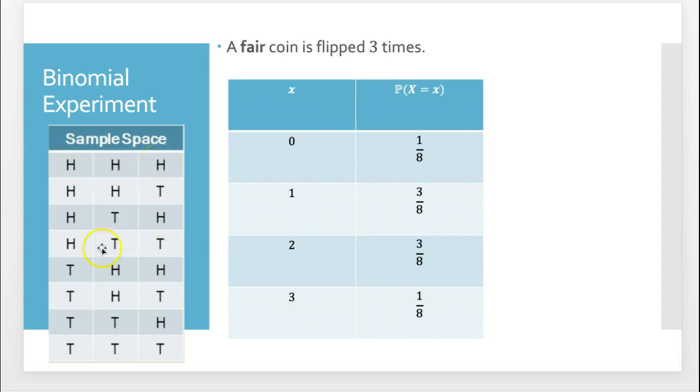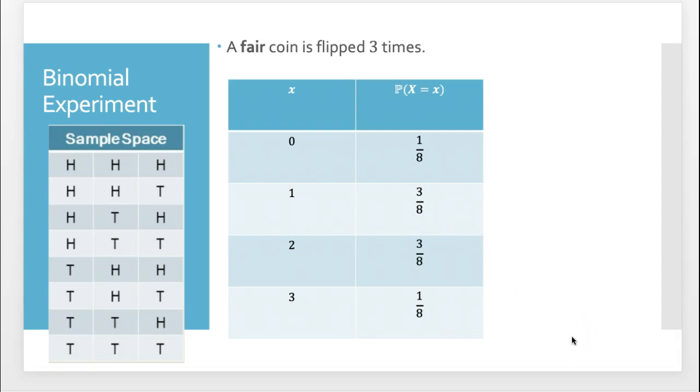And that's what we get here, because this is heads, tails, tails, so we got heads in the first coin flip. This is tails, heads, tails, so we get heads in the second coin flip. And this is tails, tails, heads, so we got the heads in the third coin flip. Right? So if we go back to that formula with the factorials and the exclamation marks, it automatically counts all of these for us. But for a small sample space, we can do this on our own, counting here.